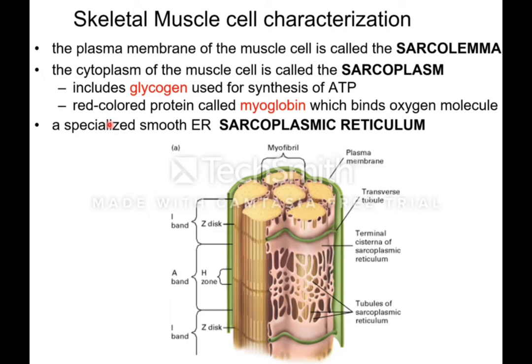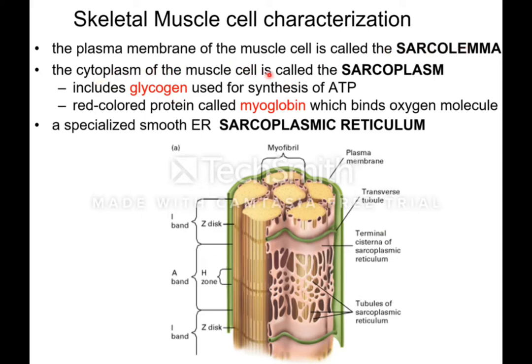They also have plasma membrane, cytoplasm, and nucleus, but the names of these structures are different in the skeletal muscle cell. The plasma membrane of the muscle cell is called the sarcolemma. Sarco means meat, lemma means membrane, and the sarcolemma means the membrane of the muscle tissue.